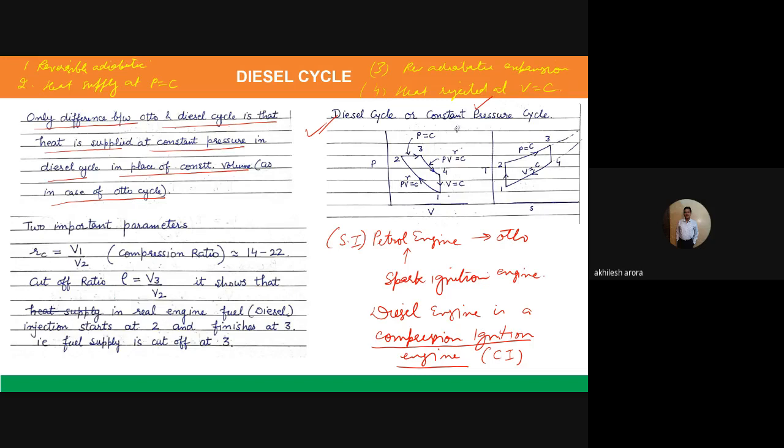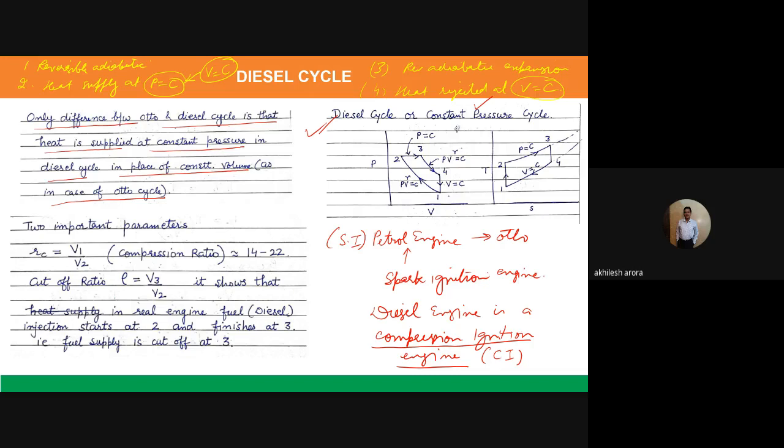So you can see the heat supply is at constant pressure and rejection is at constant volume. The only difference in the case of the Otto cycle was that the process of heat supply was at constant volume. That is the basic difference between the Otto cycle and the diesel cycle.